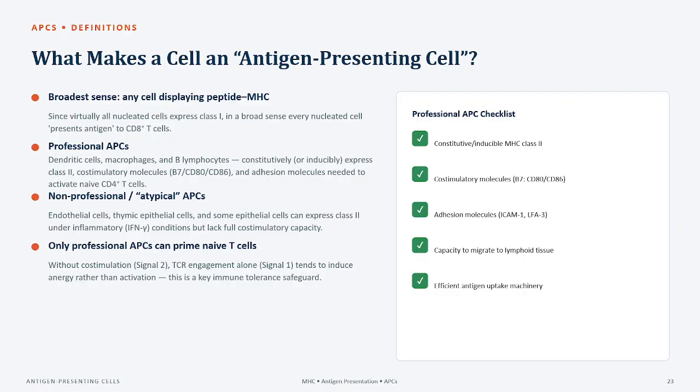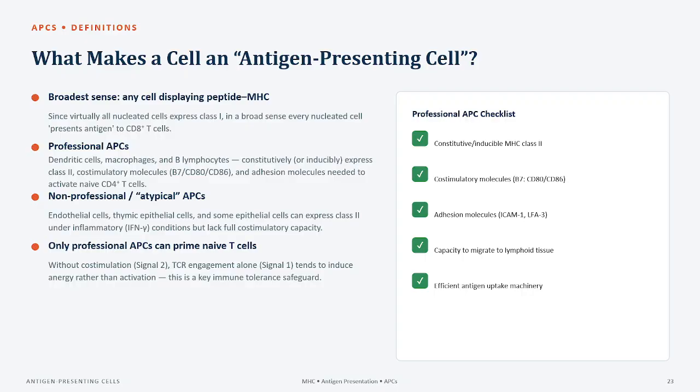Only professional APCs can prime the naive T cells. Without co-stimulation, the TCR engagement tends to induce anergy rather than activation. So this is the key immune tolerance safeguard.